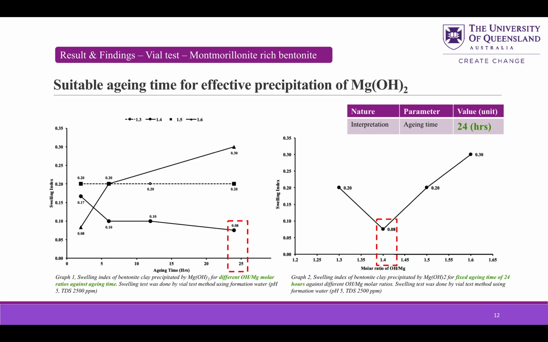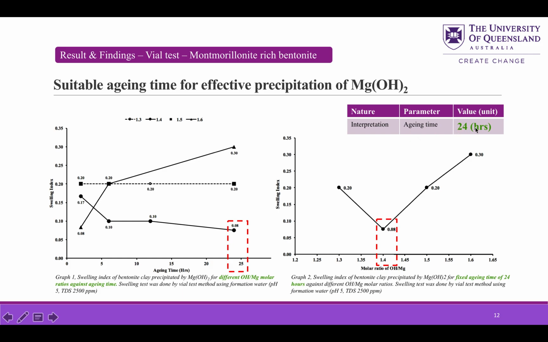And the next finding was to identify what is the aging time for an effective precipitation, in which swelling index was plotted against aging time for different molar ratios of magnesium hydroxide precipitated bentonite, out of which you could very well see at 24 hours is when the swelling index was least for 1.4 molar ratio, and this was again seen effectively when the aging time was fixed for different molar ratios.